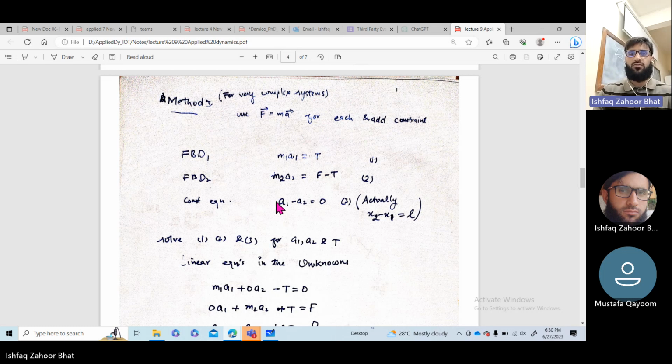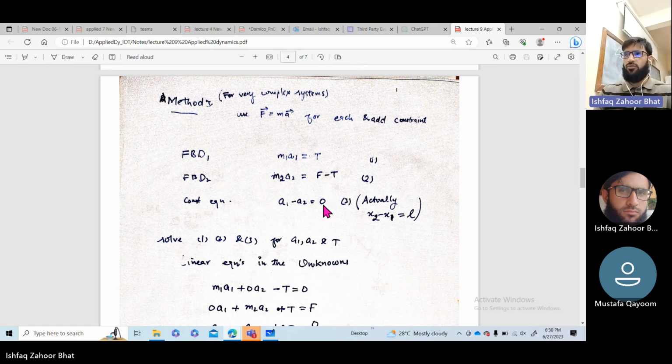That the distance between the two masses is fixed and that is equal to L. Okay, so this is the constraint, and that can be reflected by this thing, a1 minus a2 equal to 0. That is the acceleration of 1 minus acceleration of 2 is equal to 0. Or you can equivalently say a2 minus a1 equal to 0. So there is no difference in writing it as such.